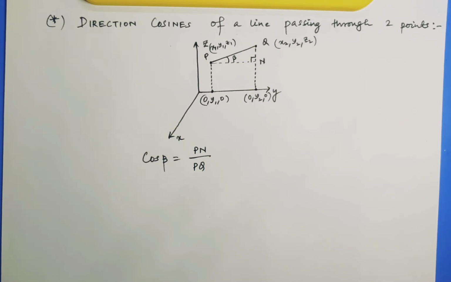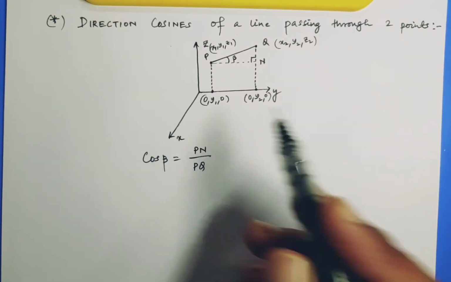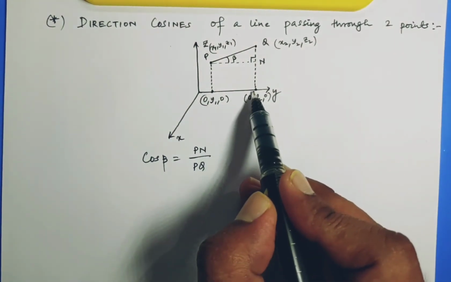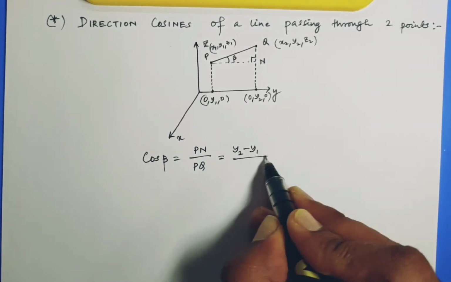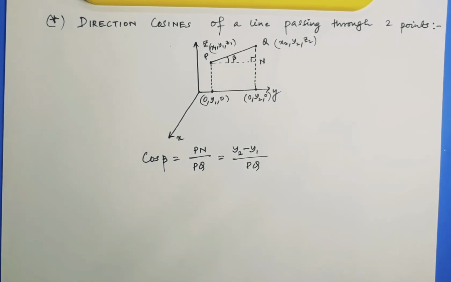Can anybody tell me what Pn is equal to? Who can tell me how much Pn is equal to? Nobody can. Pn is actually equal to the length y2 minus y1. So cos beta is y2 minus y1 divided by PQ.